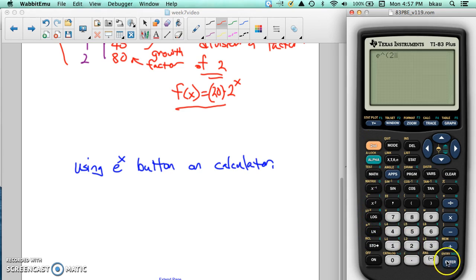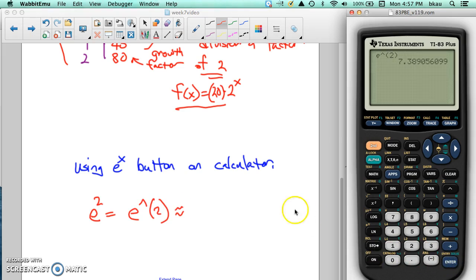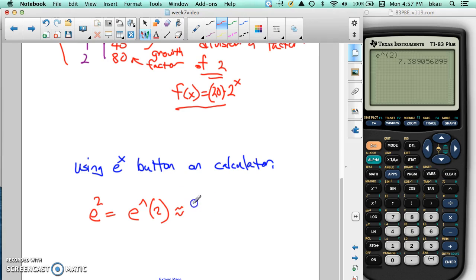So if we wanted e to the second power, we would type it in our calculator. It would look like this. And it's an approximation, 7.39 to 2 decimal places.